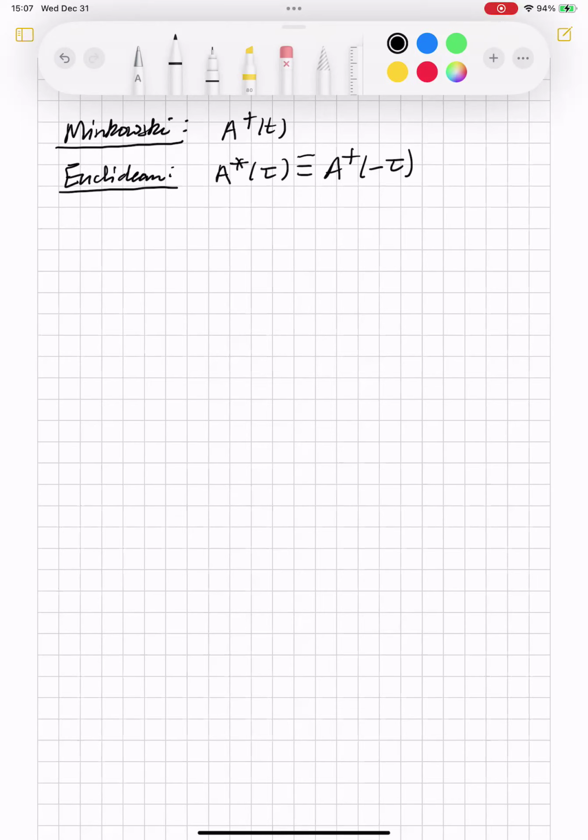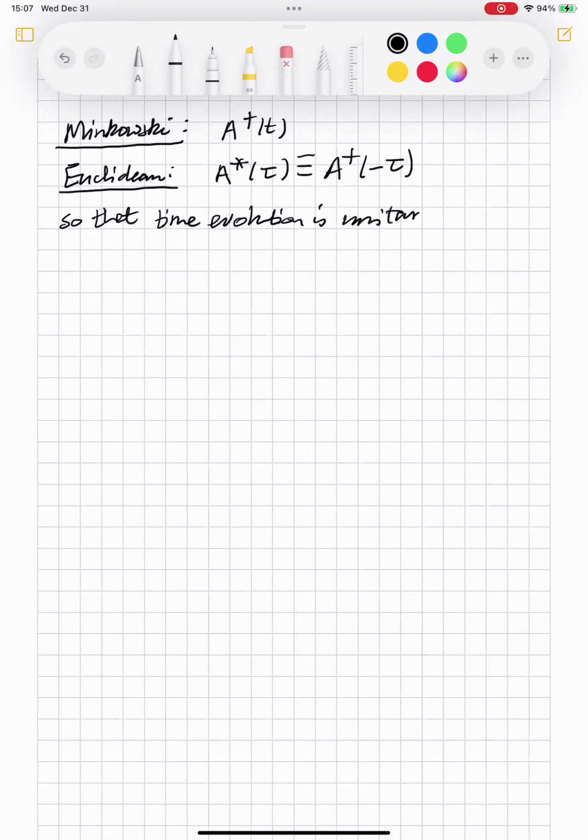And as a summary of our previous discussion, why did we take this definition? Well, it was so that time evolution is unitary.